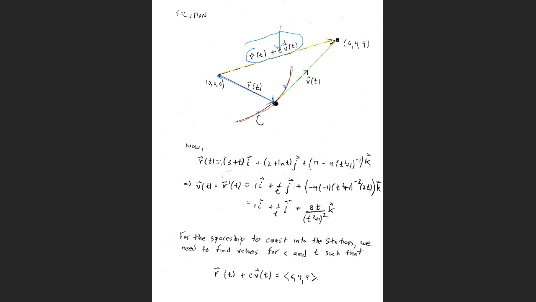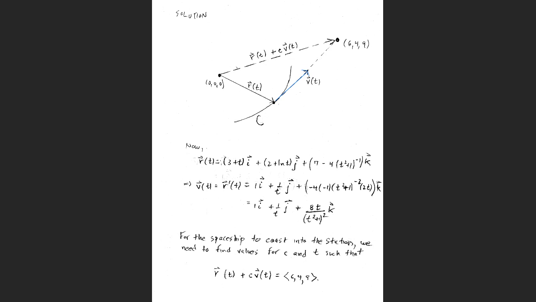Good. Of course, v of t, the velocity vector, is equal to this vector, but that vector v of t doesn't go all the way to the space station.